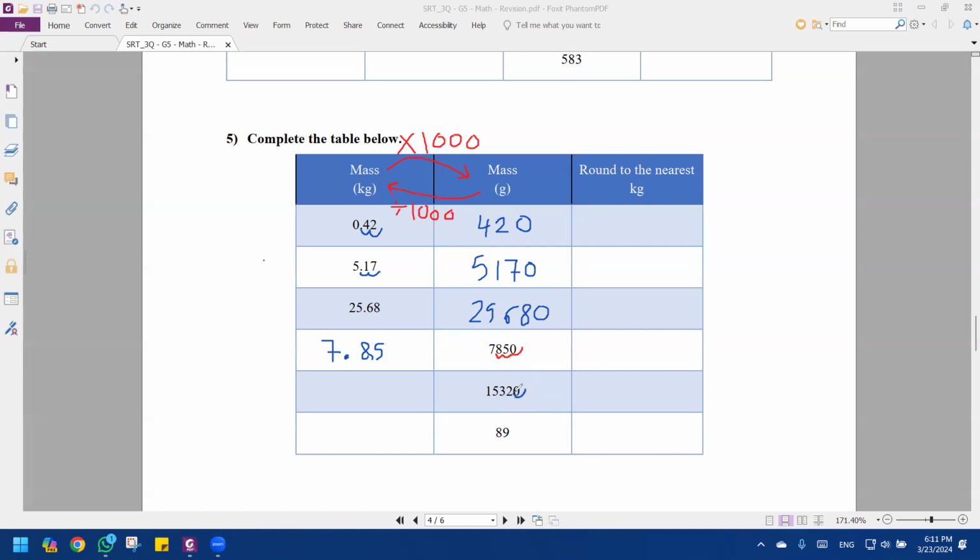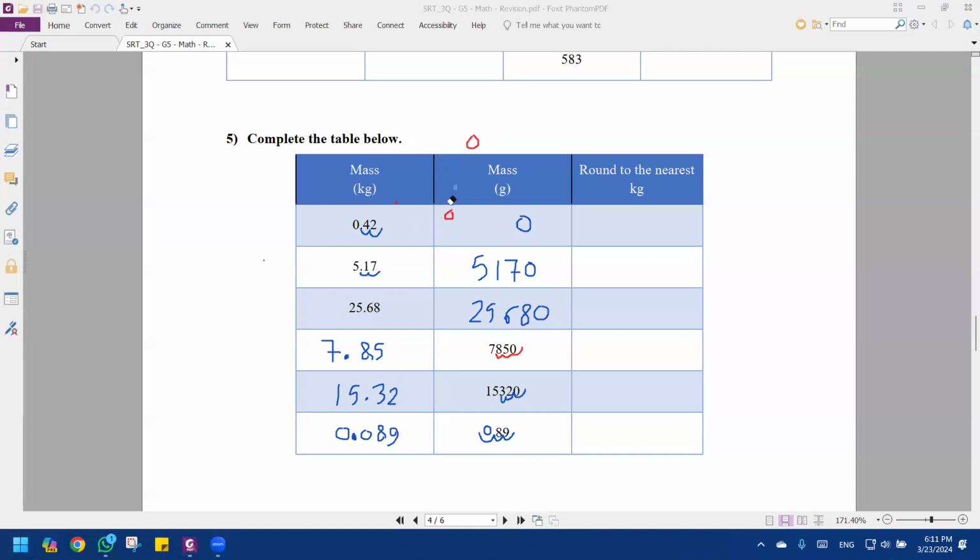Now 3 steps, 1, 2, 3. 15.32. Now here 3 steps, 1, 2. I still need one more step, so let me do like this. And I fill that empty place with 0. So it will be 0.089. But as we said before, we don't leave it empty, so we put 0.089.